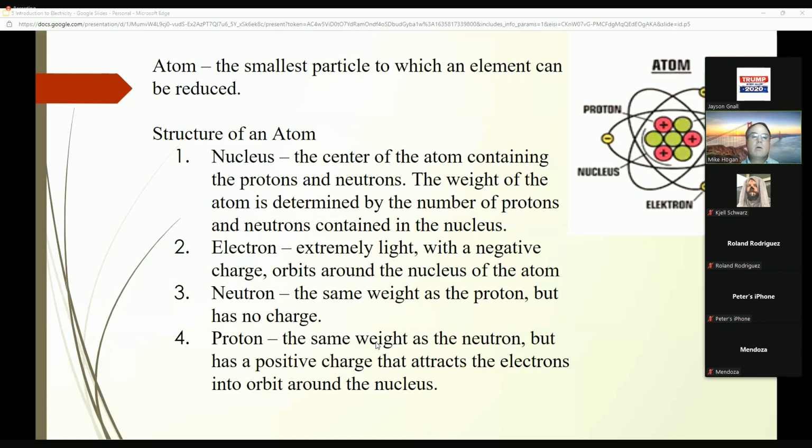We're going to look at materials where we can move those electrons easily, to conduct. For insulation, it's going to be materials that have tightly bound electrons in those orbits or shells.